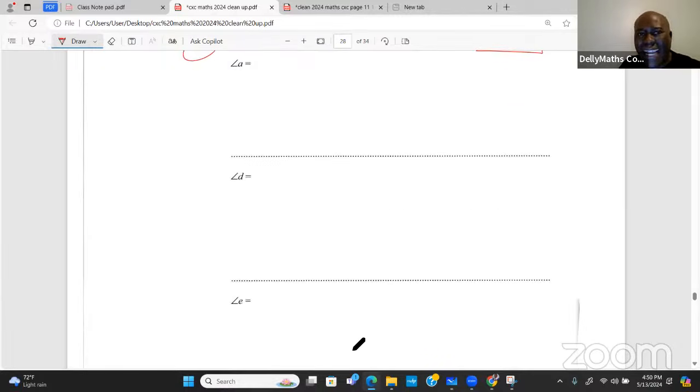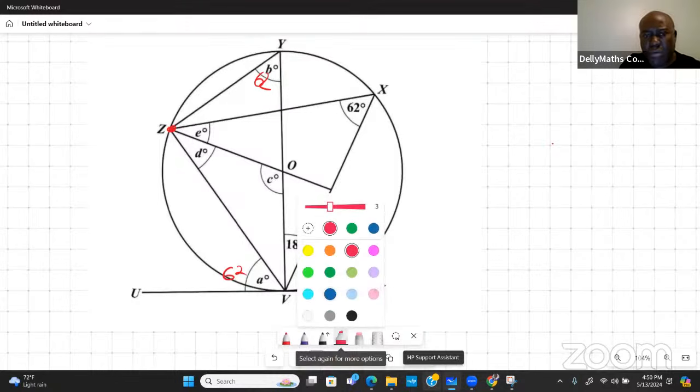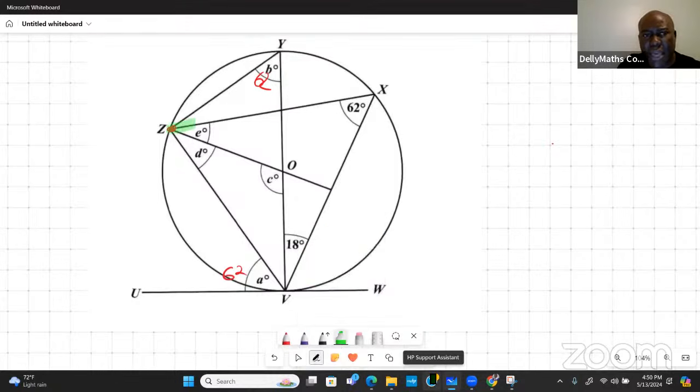All right. So we're looking at angle A. Where is A? A is right here. A is 62. There's no working I'm going to do for this one. Why? Because I'm seeing where it is the alternate segment.